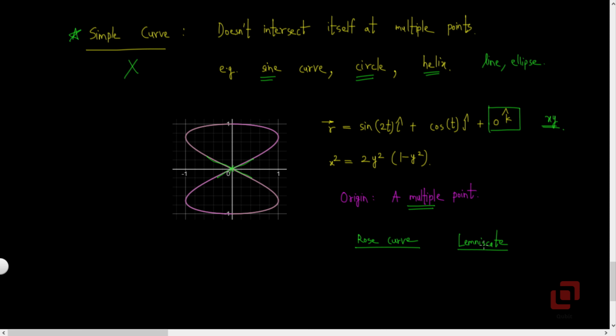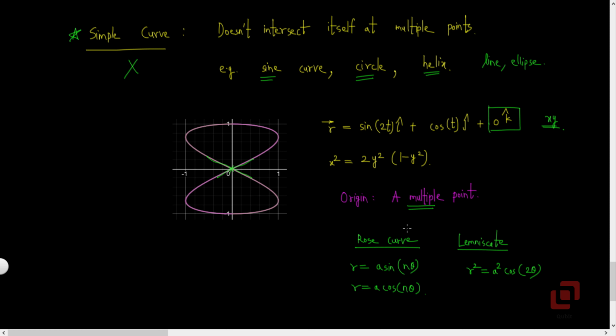The polar equation of the Lemniscate is r squared equal to a squared cos 2 theta. For a Rose curve, we may consider the equation r equal to a sine n theta or r equal to a cos n theta, where n is any positive integer.